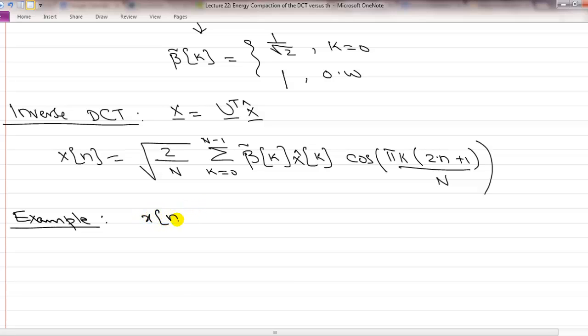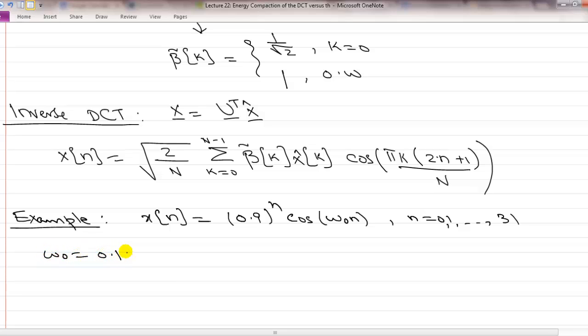The example is of this x of n, which is 0.9 to the power n cosine of omega naught n for n equal to 0, 1 up to 31, and omega naught is simply 0.1 pi. We want to take the discrete Fourier transform of this signal, take the discrete cosine transform of this signal, and see which one does better energy compaction.